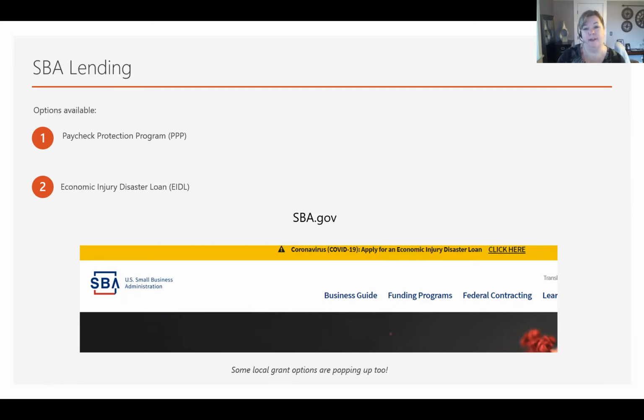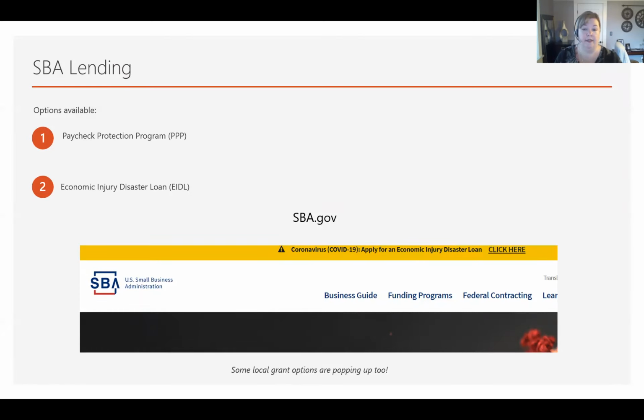There's this 25% cushion you can use, and if you keep your payroll within 25%, then that means you've used it primarily for payroll, and that portion is forgiven. You don't have to pay it back. Also, if you use it for rent or mortgage interest or utilities, then that portion is forgiven as well over that 8-week period.